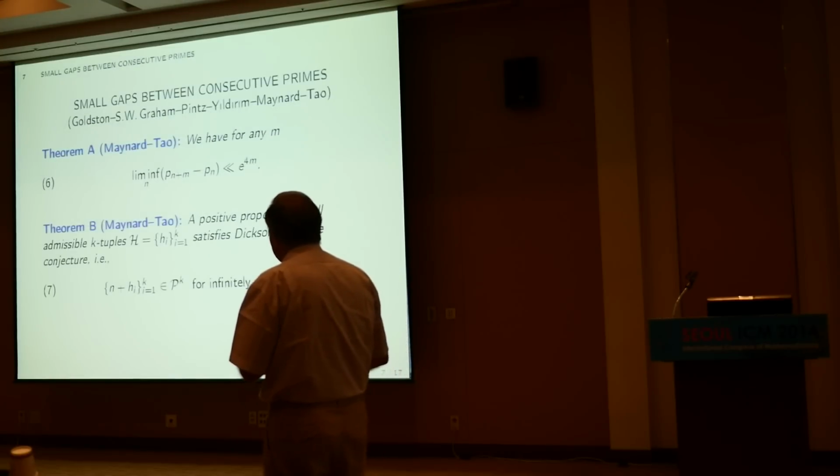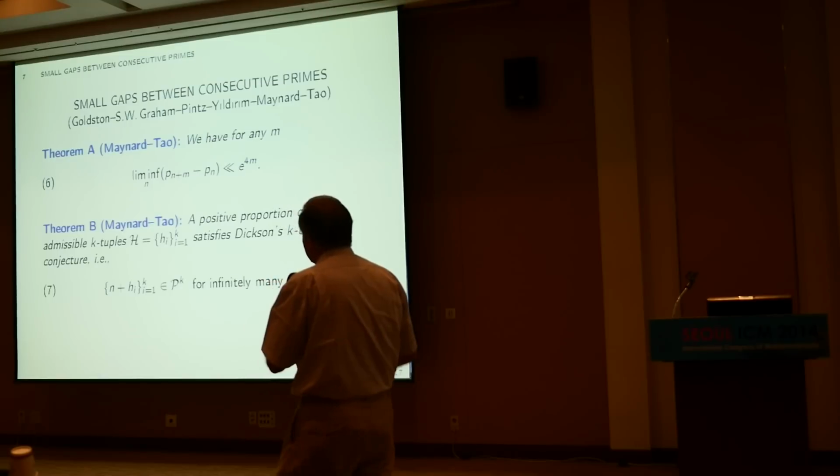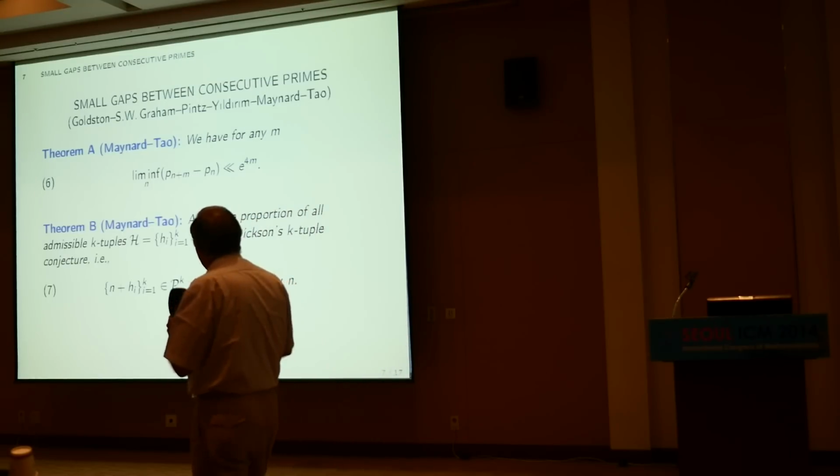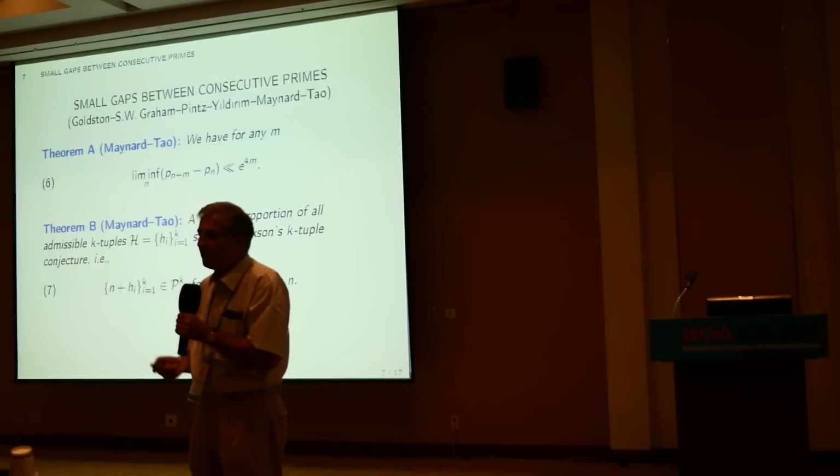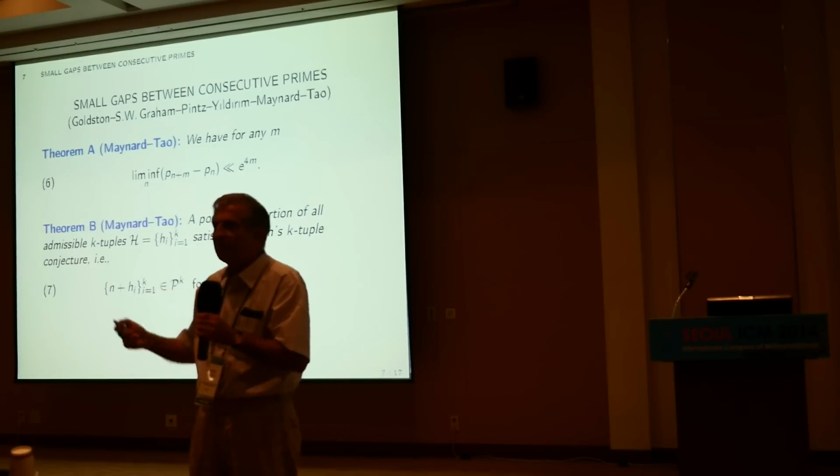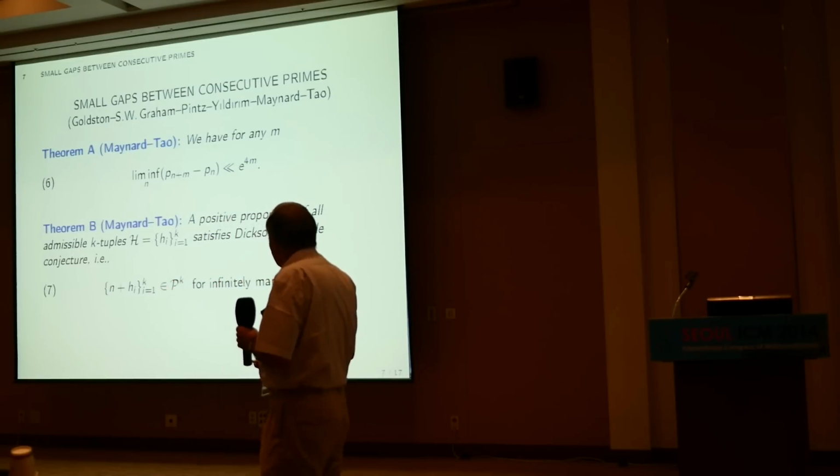Now if we go further, I mentioned some important results of Maynard and Tao. The first one refers to what was mentioned by Dan, that we have infinitely often bounded gaps between blocks of primes.